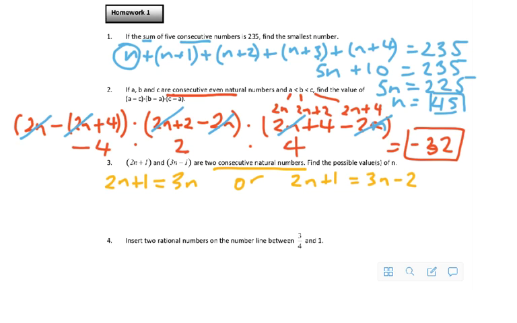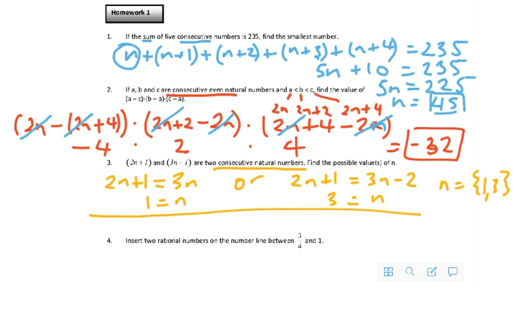So if we simplify our expressions here, we'd have n equal to 1, or we could have n, if we subtract 2n here and then add 2 to both sides, equal to 3. So our answers could be n could be 1 or 3. But there's no reason why we couldn't have done it the other way around.